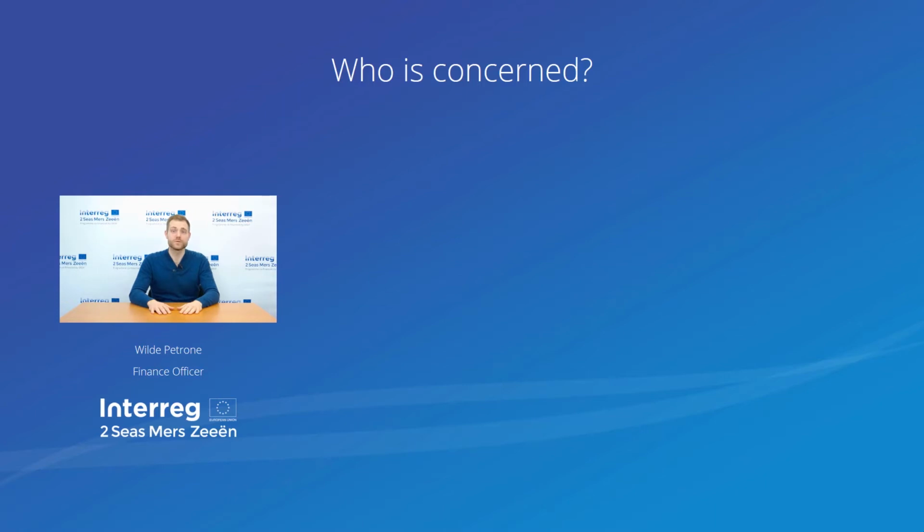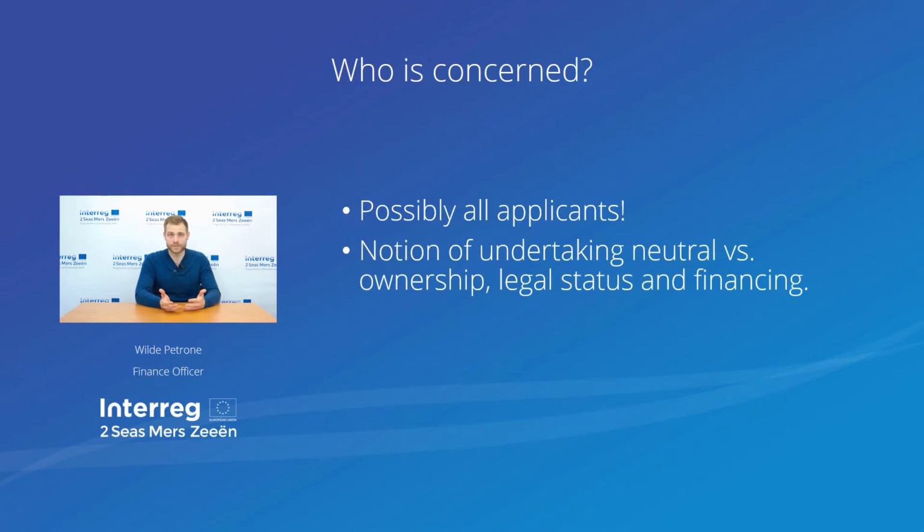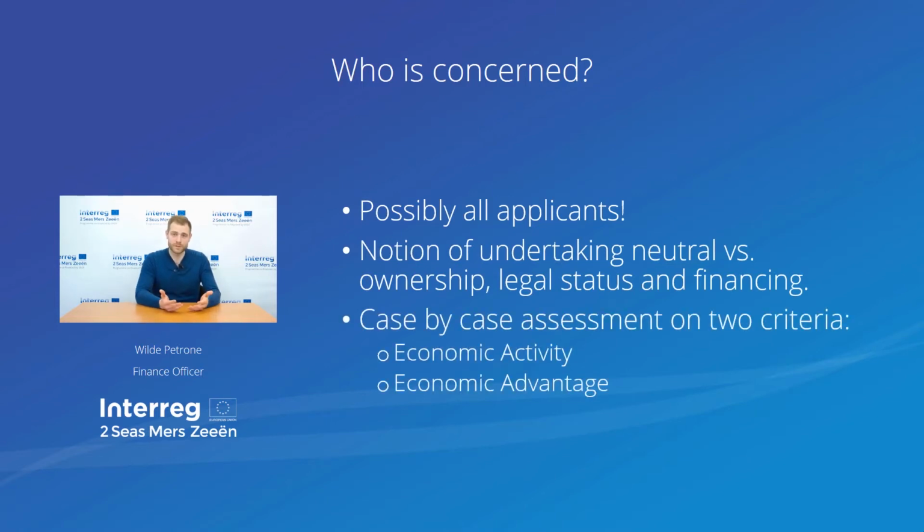So who is concerned? As you've probably understood from the 2 open criteria, all organizations can be concerned by state aid, possibly all applicants, because the two criteria are based on two rather broad definitions. Economic activity and economic advantage remain broad.